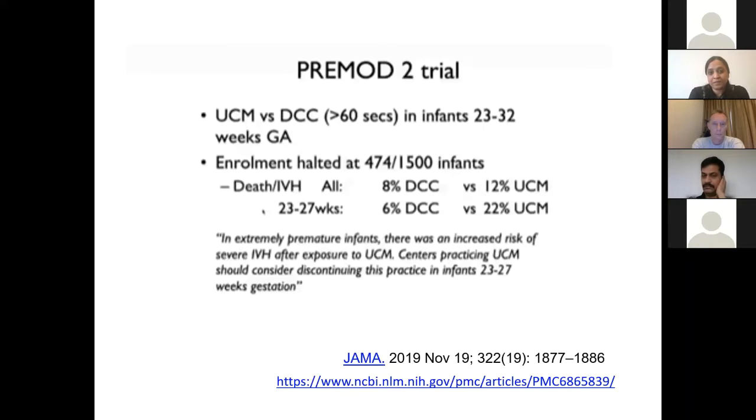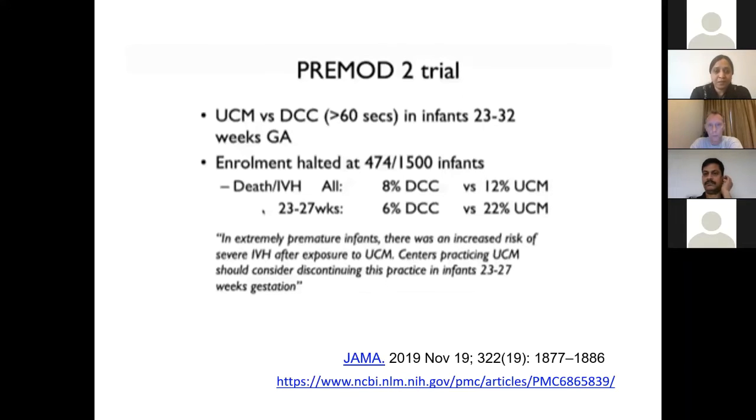Okay, as you can see here. So although there wasn't a statistically significant difference in deaths, certainly severe IVHs, so grade 3 and grade 4 IVHs, were much higher in the cord milking group. So it is not recommended for babies less than 28 weeks.